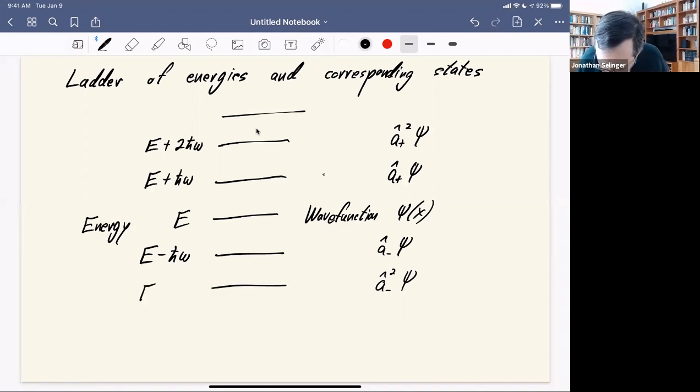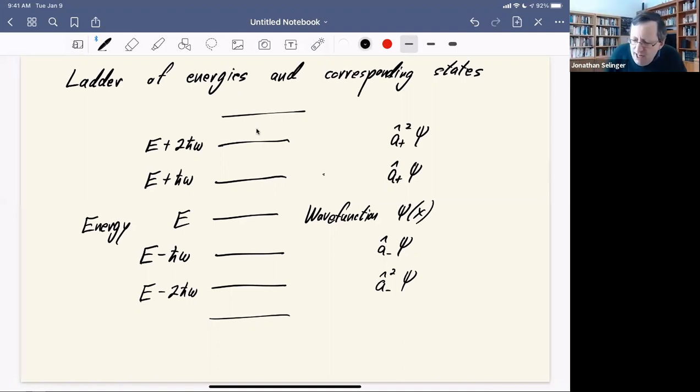This would give us an energy E minus 2 h bar omega. And so on, going down. Okay, so is this still all right for you guys? Questions, anything?